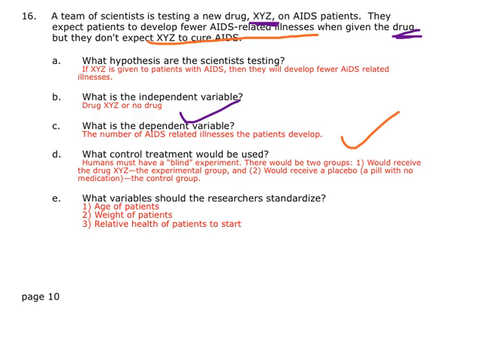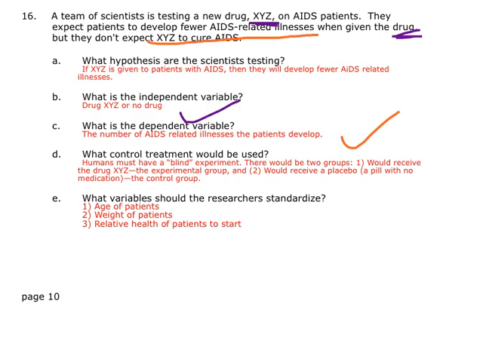Sorry, I checkmarked my hypothesis. My hypothesis then: if drug XYZ is given to patients with AIDS, they will develop fewer AIDS-related illnesses. So notice I have my independent variable, drug XYZ, and what I think the effect of that will be on the dependent variable. I've got both of those in there.